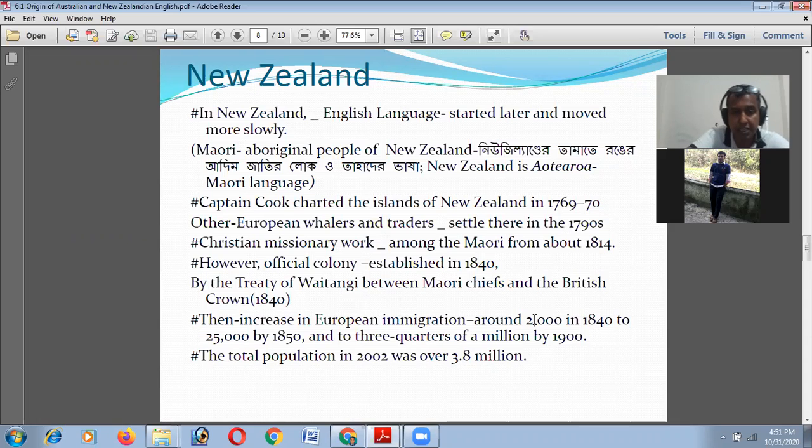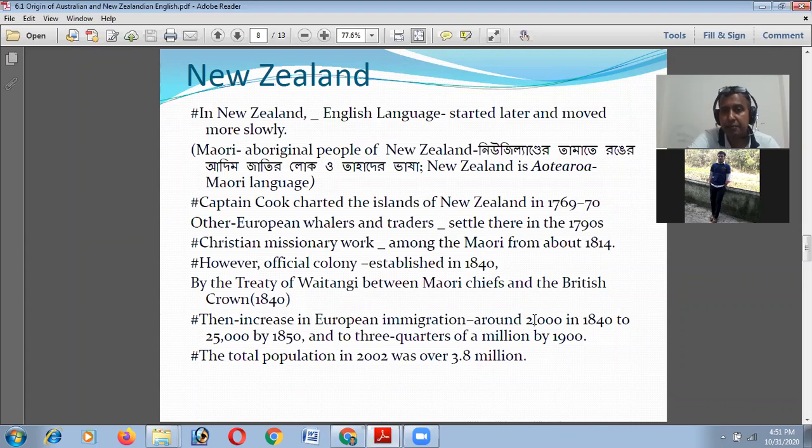The total population in 2002 was over 3.8 million. So if we compare Australia and New Zealand, British navigator Captain Cook went to New Zealand in 1769, and after 20 years, some other European whalers and traders went to New Zealand.